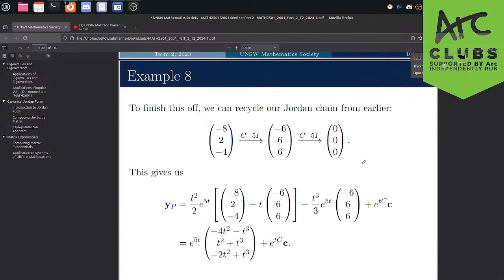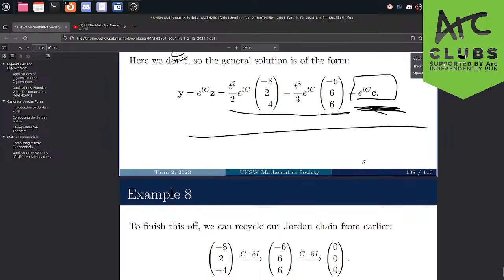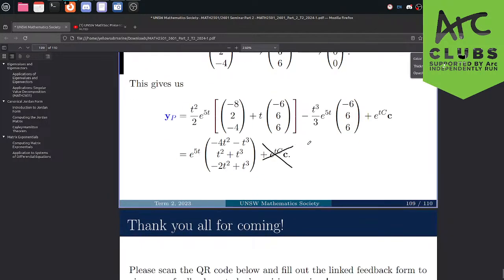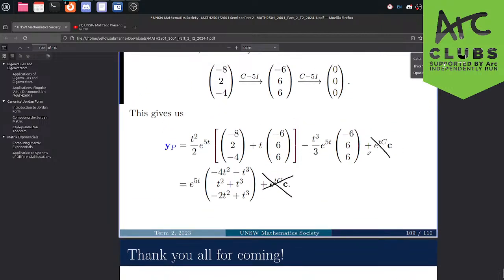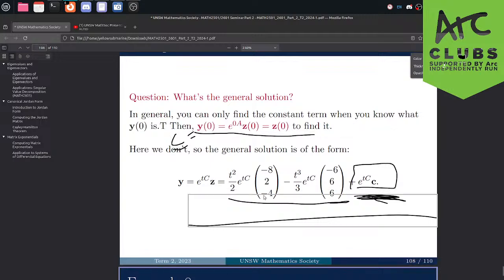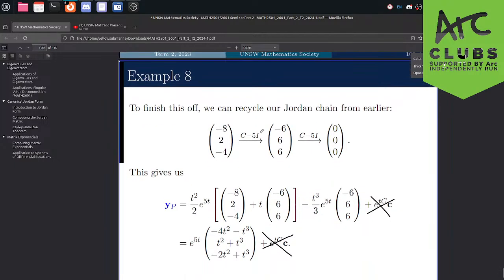All right. And so to sort of finish off this calculation where we have e^tc and we want to find the particular solution, ignore this part here. So we want to finish off and calculate the particular solution. We find e^tc times each of these vectors. Notice that these are Jordan chain vectors, so we can use the method of calculating an exponential times a Jordan chain vector.